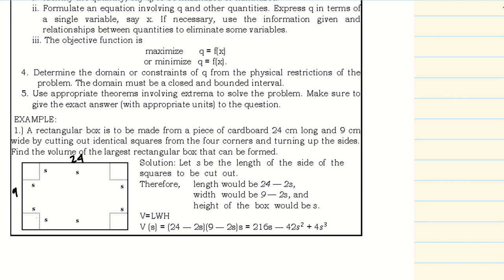Identical squares are being cut in the four corners, and turning up the sides, find the volume. So I'm going to raise this one, also this one, to form a small box.